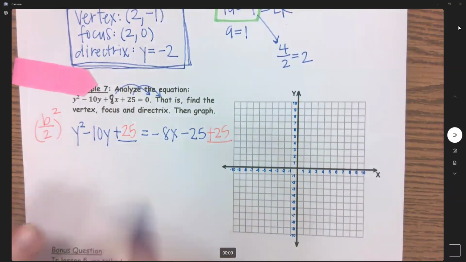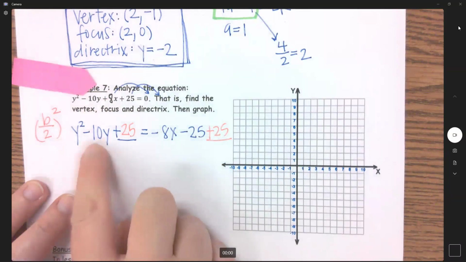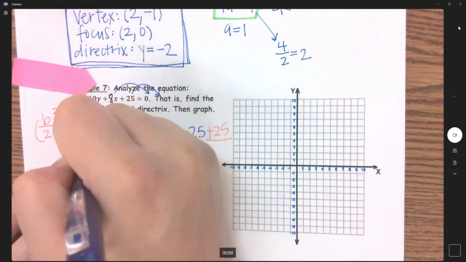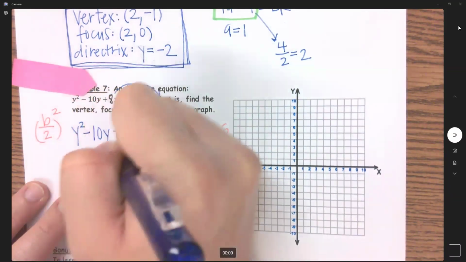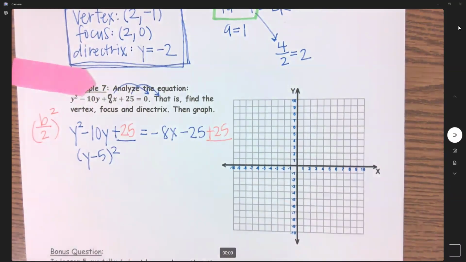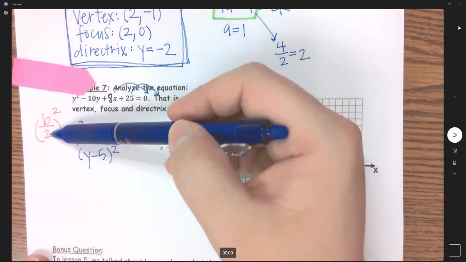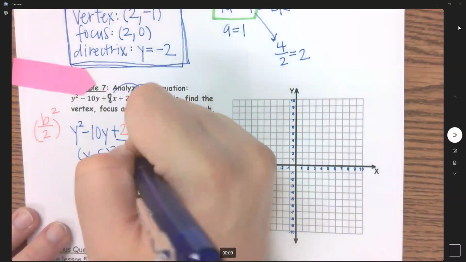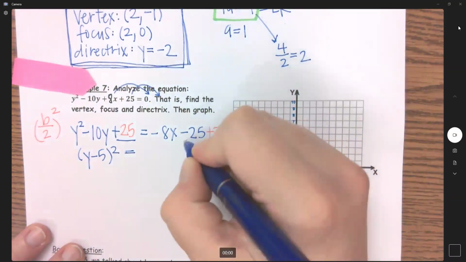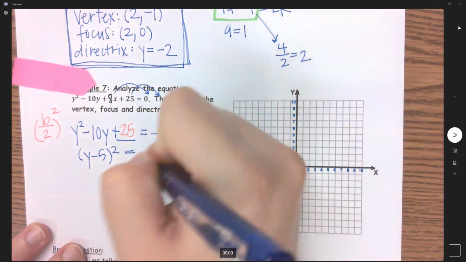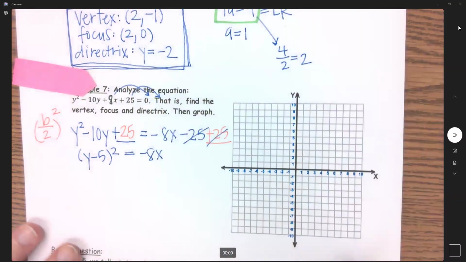So what does this factor become? What multiplies to positive 25 and adds up to a -10? Y minus 5 times y minus 5. So that's y minus 5 squared, which is your -10 over 2. And then this equals, these cancel out. I have -8x.